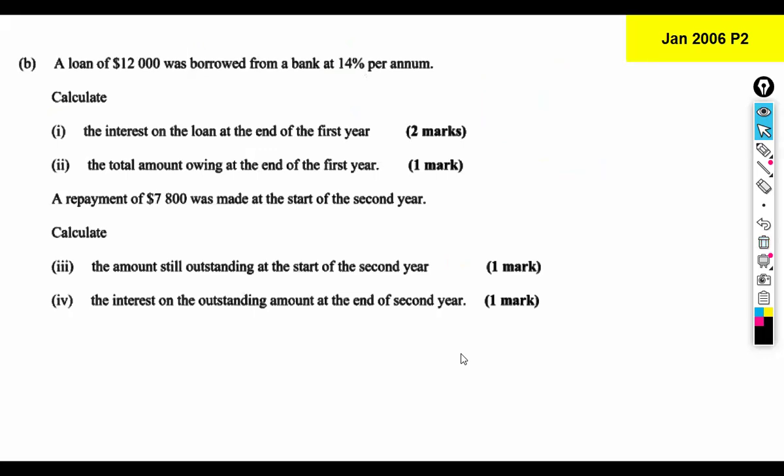This one, I know it looks long, but let me just see what kind of loan was borrowed. Calculate the interest of the loan in the first year, and the total amount owing.